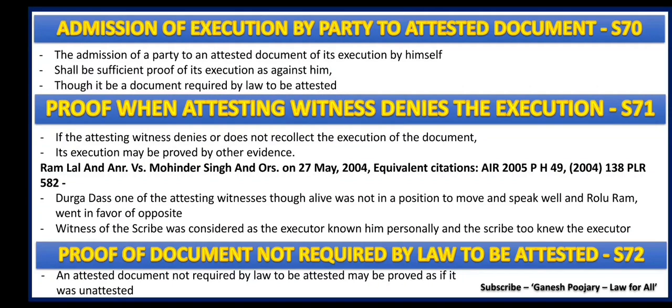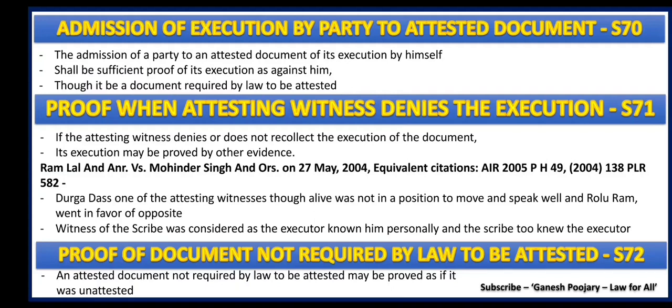In that case, the statement of the scribe was considered as evidence. Who is a scribe? Scribe is the one who is writing the document. When the executor asks to write a document, the person who is writing the document, we call him scribe. And here the scribe is not a stranger. The executor knew the scribe very well. The scribe knew the executor very well, and the executor agreed to the evidence of the scribe, and the scribe came and gave evidence, which is what is accepted under section 71.